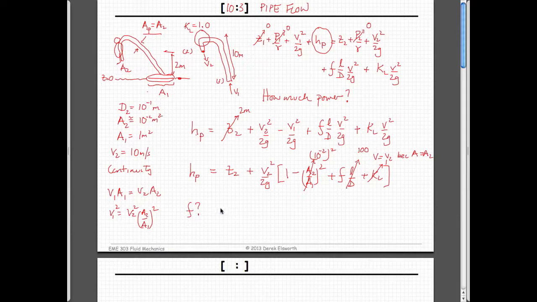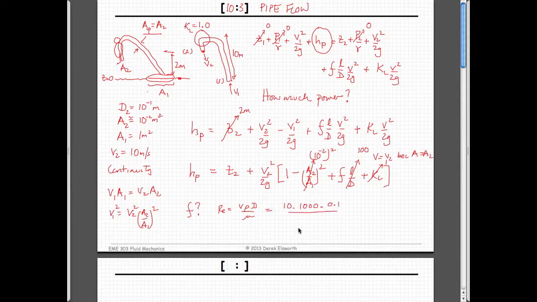And so the Reynolds number is equal to V times density times diameter over viscosity. Velocity is equal to 10 meters a second. Density is 1,000 for water, 1,000 kilograms per cubic meter. Diameter is 0.1 meters.